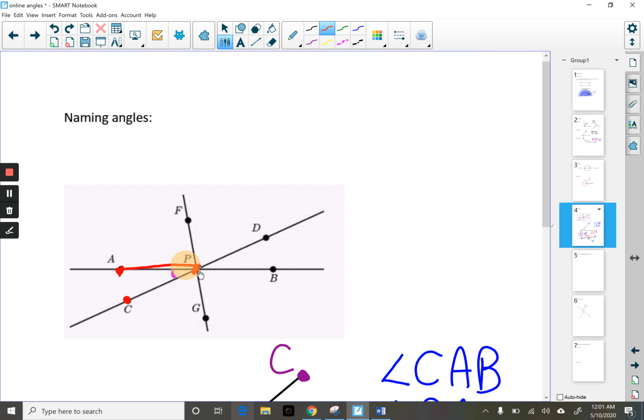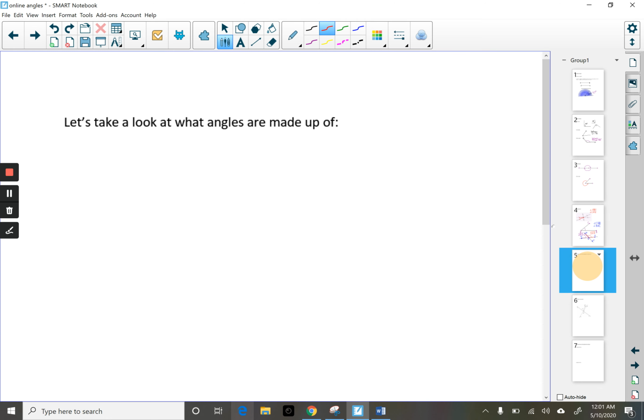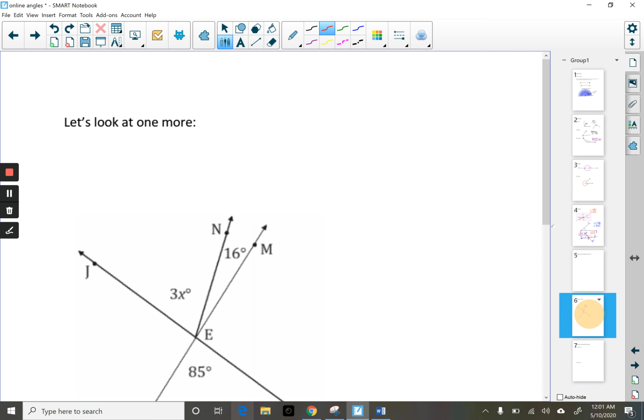I might go to P, so angle APC or angle CPA. I don't need to say angle P, because angle P has all these different angles for angle P. I don't want us to get confused on which one we're talking about, especially if I try to say, what is the measure of this angle? This way we understand.